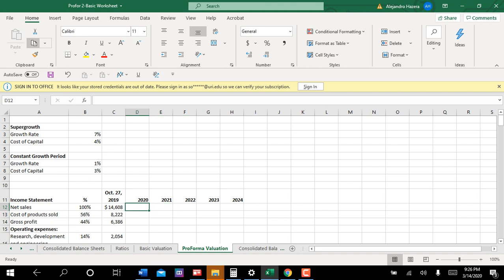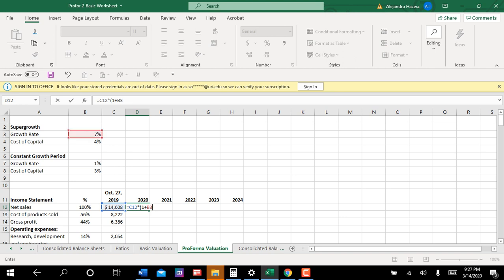I'm sure this would be an easy formula for anybody. Let's go ahead and do it though. We're going to hit the equal sign, go to the left and take our 2019 sales of 14.6 billion, and multiply that times, open parentheses, 1 plus our super growth rate, which is in cell B3, close parentheses.